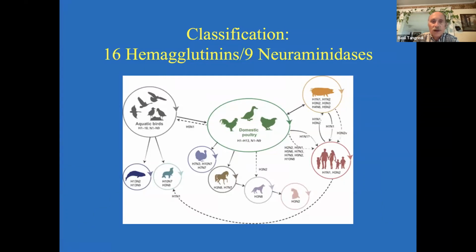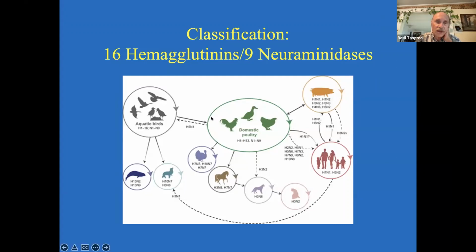Now, as we go to the viruses being picked up by other species, such as domestic poultry, a little bit fewer, there's only 13 of the hemagglutinins in here, but all of the 9 neuraminidases. Then from domestic poultry, we have quite a few in the domestic pig. You'll see the significance of that shortly. And here with the potential for transmission to humans, if the hemagglutinins fit the key to the lock of the human epithelial cells.